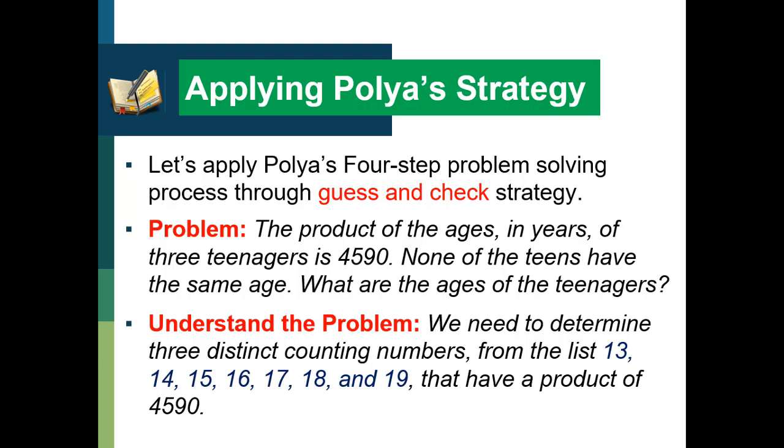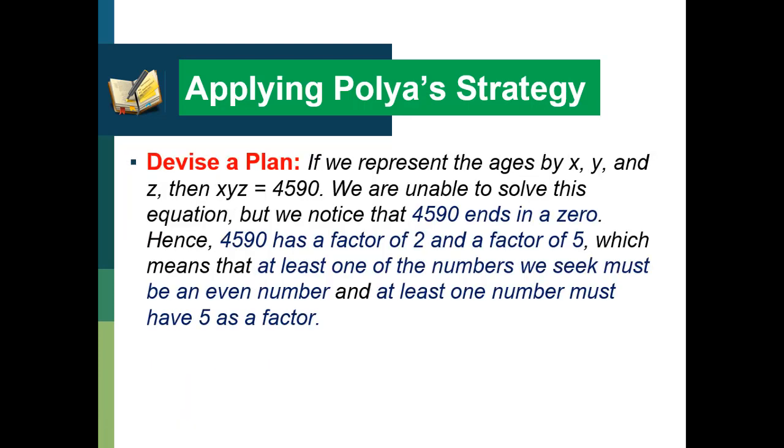Did you get it? Then you will find a combination of these numbers 13, 14, 15, 16, 17, 18, and 19. 3 combination of these numbers that will give you a product of 4,590.